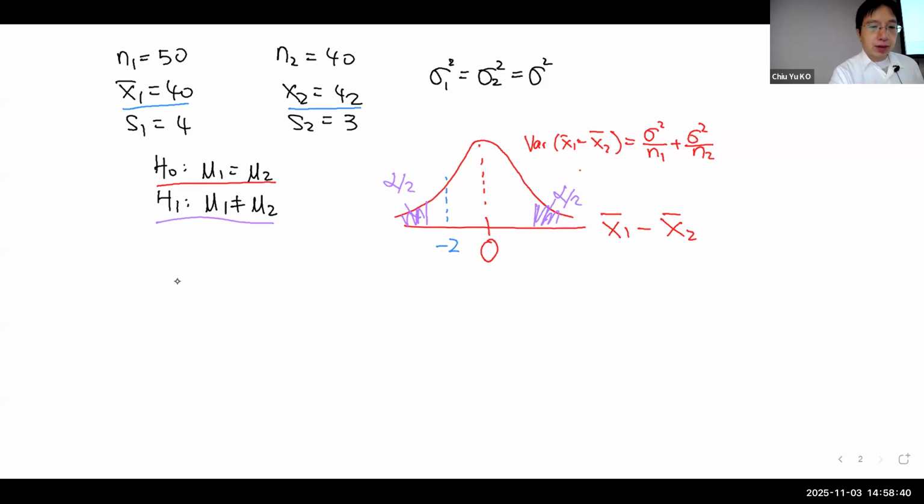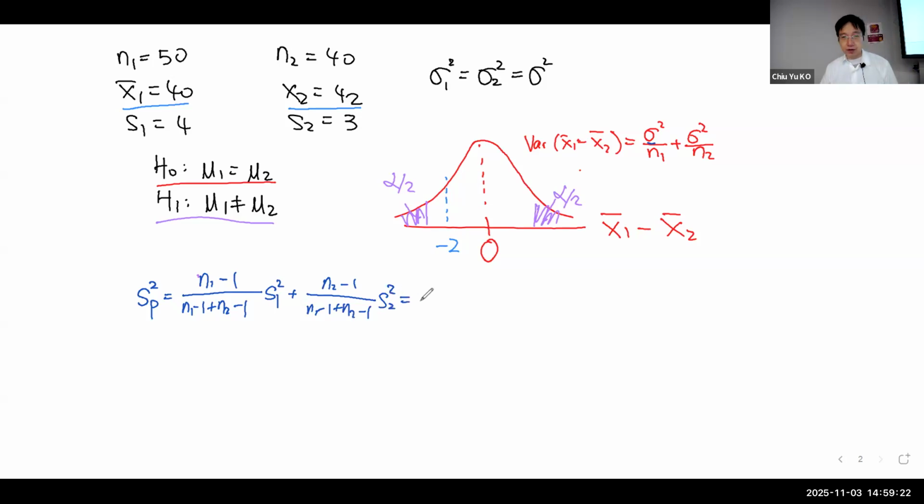So as we said, how to get sigma? We can't get sigma, but that's why we use the t-test. First we calculate this SP square, which is an efficient estimator of sigma square: N1 minus 1 over N1 minus 1 plus N2 minus 1 times S1 square, plus N2 minus 1 over N1 minus 1 plus N2 minus 1 times S2 square.